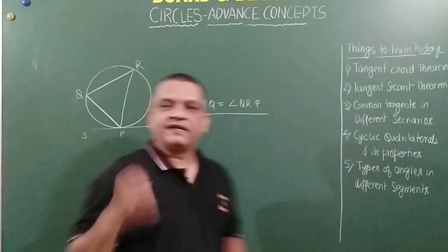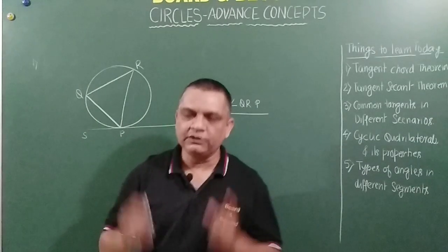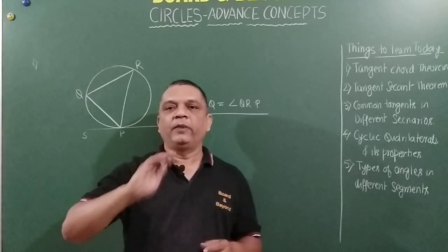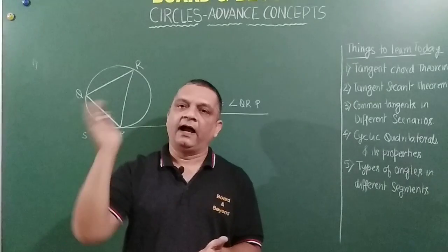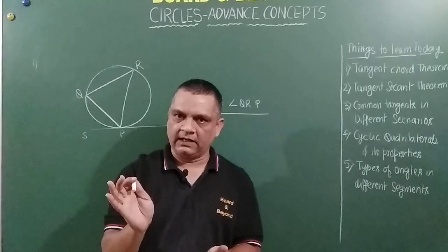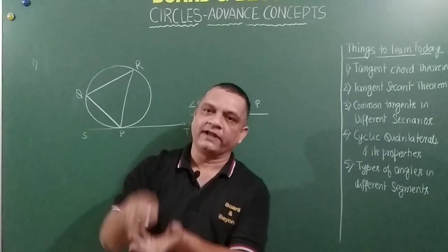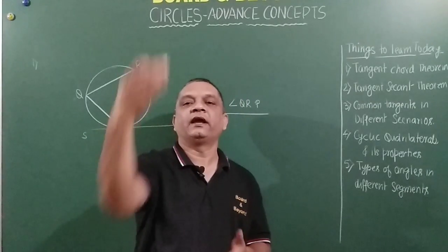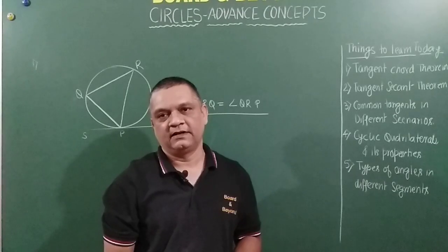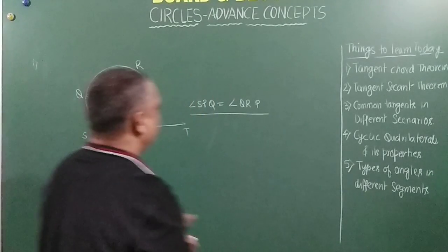If you want a statement for this, I'll give you the statement. The angle made by a tangent and a chord inside the circle at the point of contact is equal to the angle in the remaining area of the circle. Now, what do you mean by remaining area?